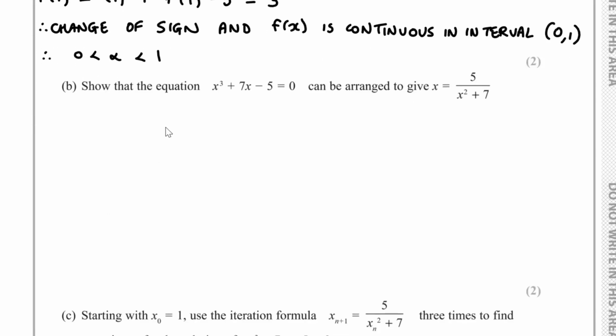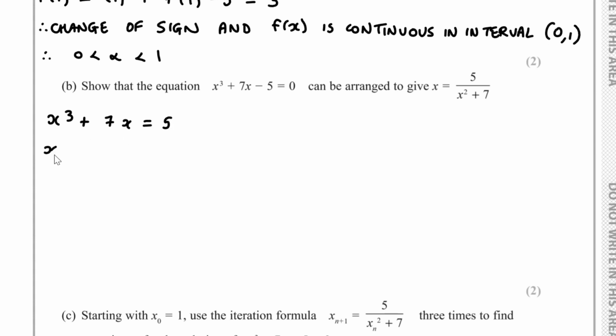And now for part B, we have to show that the equation x cubed plus 7x minus 5 equals 0 can be rearranged to give x equals 5 over x squared plus 7. Well, if I add the 5 to both sides, we are left with x cubed plus 7x equals 5.